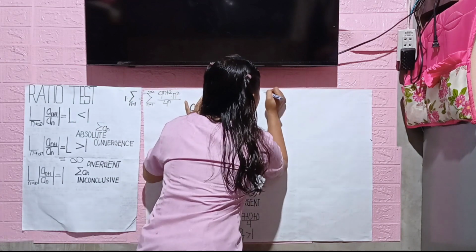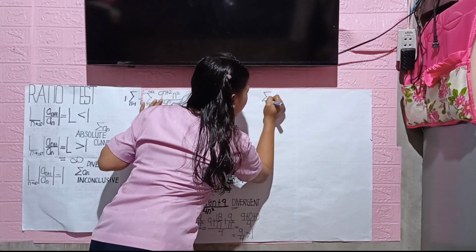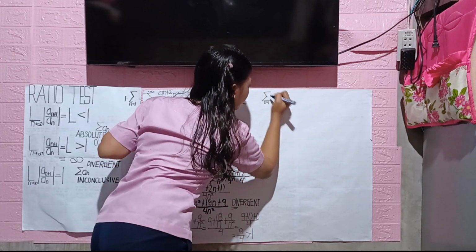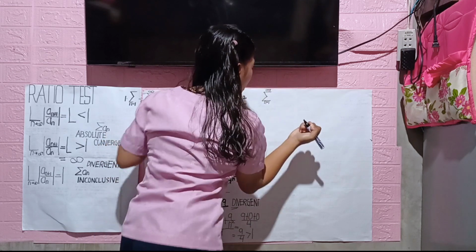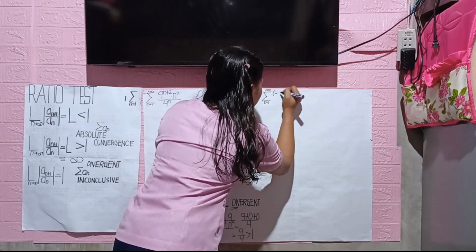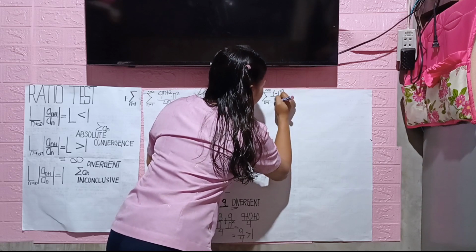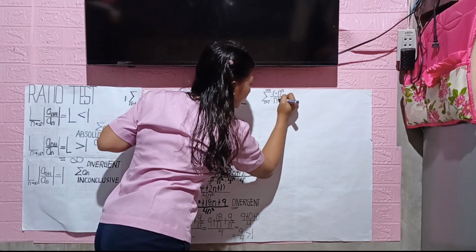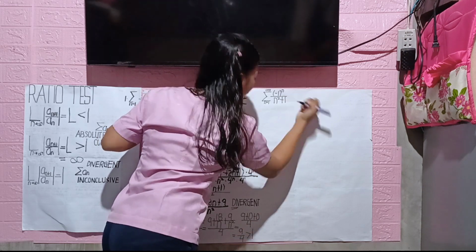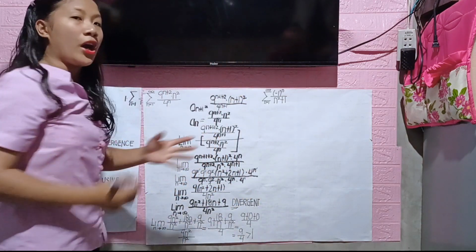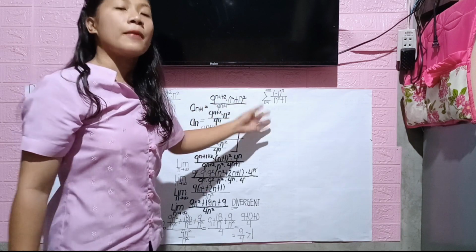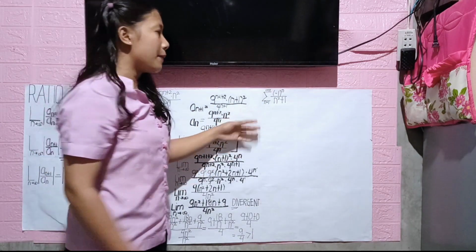So, consider the series of negative 1 to the n divided by n squared plus 1. So, now we are going to find a sub n plus 1 and a sub n.